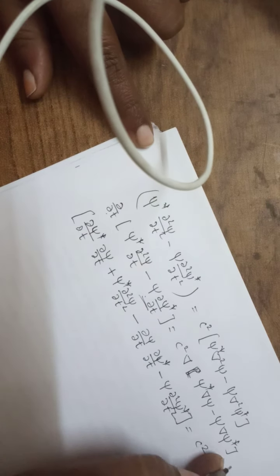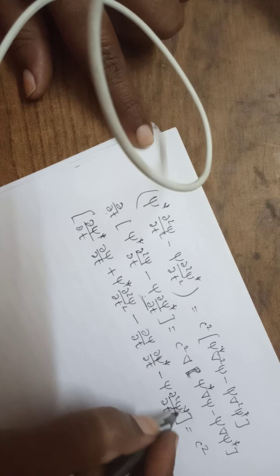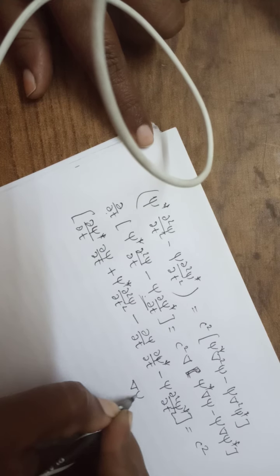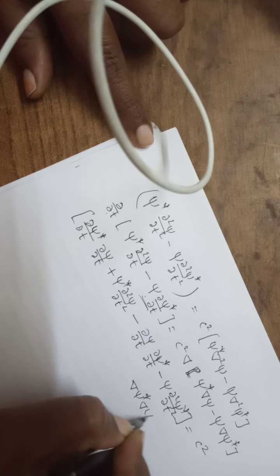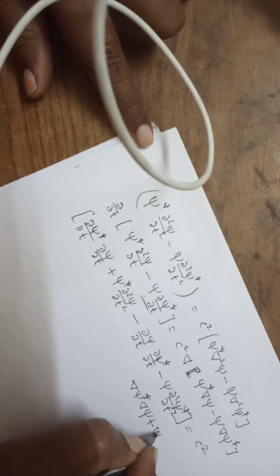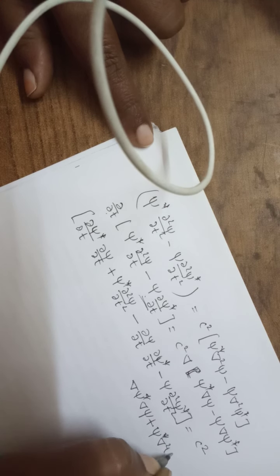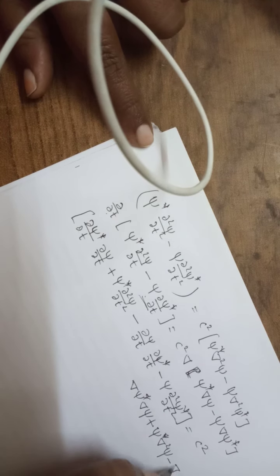Again that side RHS, differentiate: del psi star del psi plus psi star del square psi minus del psi star minus what, psi del square psi star.